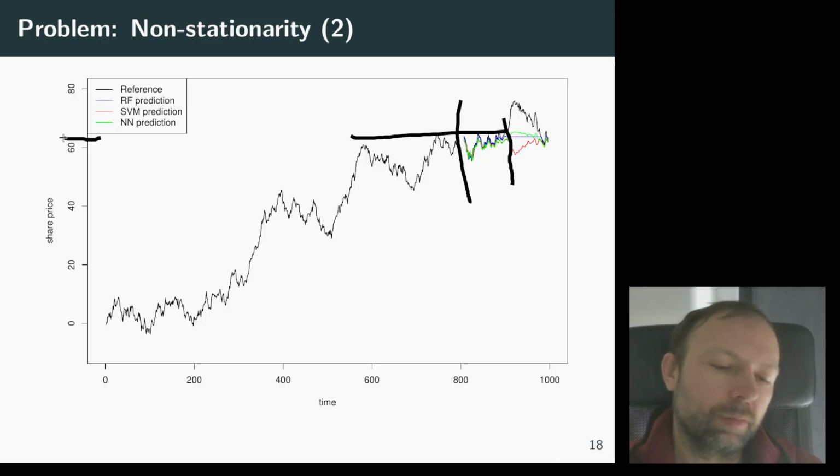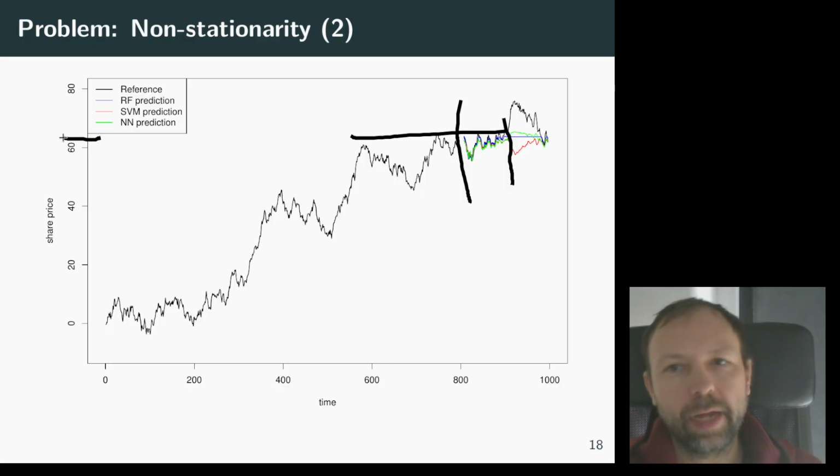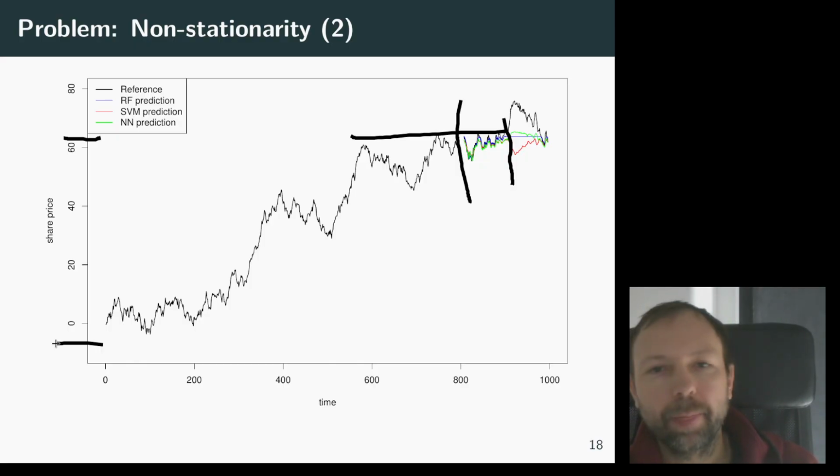Like random forest, what does it do? It partitions the data through a tree, and at the leaves it just calculates an average of the data at the leaves. So if you calculate averages between, I don't know, 0 and 60, you're not ever going to get an 80, right? Okay, so that's a problem.